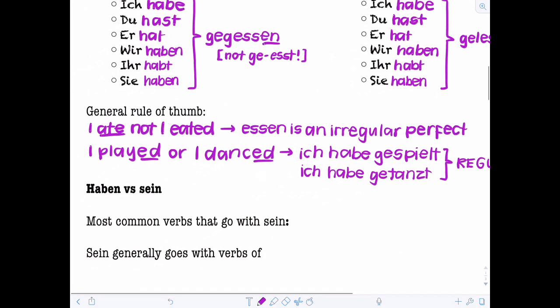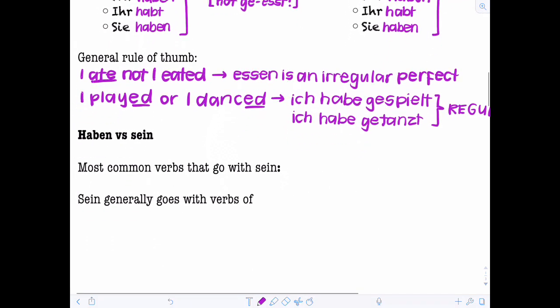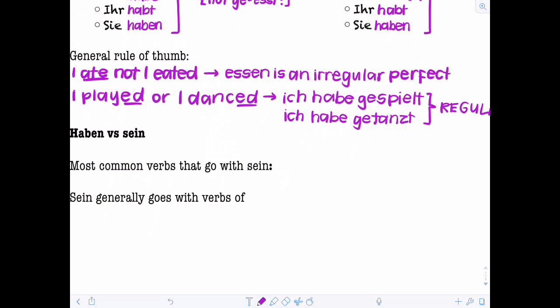Sorry to be the bearer of bad news, but there is another slight bump in the road. Most perfect tenses use haben as the auxiliary, the verb that comes before the perfect bit, but some use sein. The most common verbs that go with sein are bleiben, which means to stay, gehen, to go or to walk, and fahren, to drive.